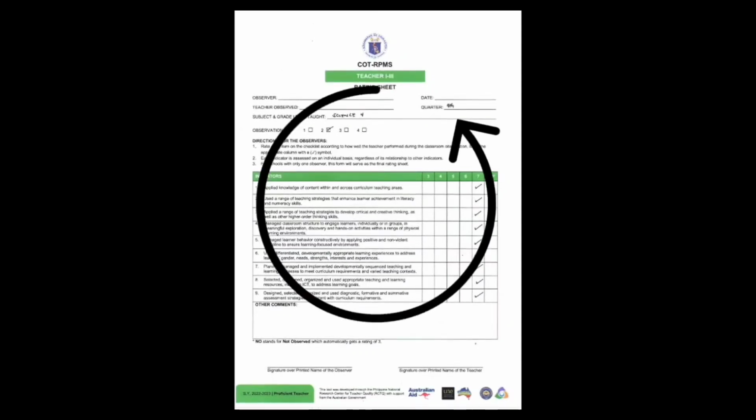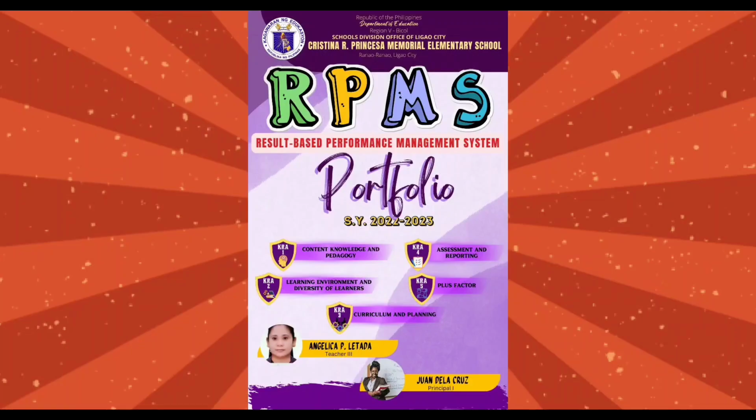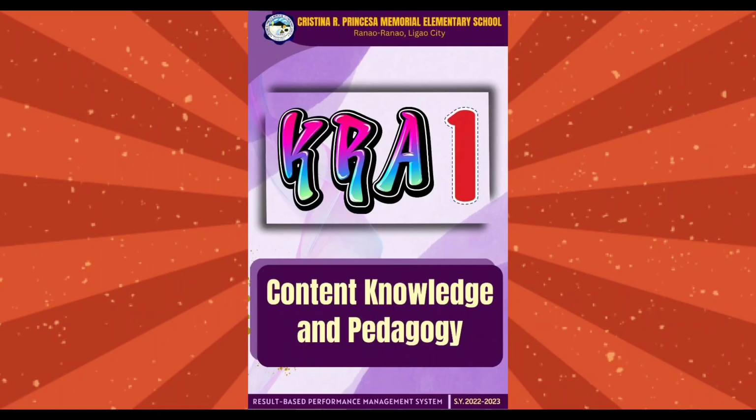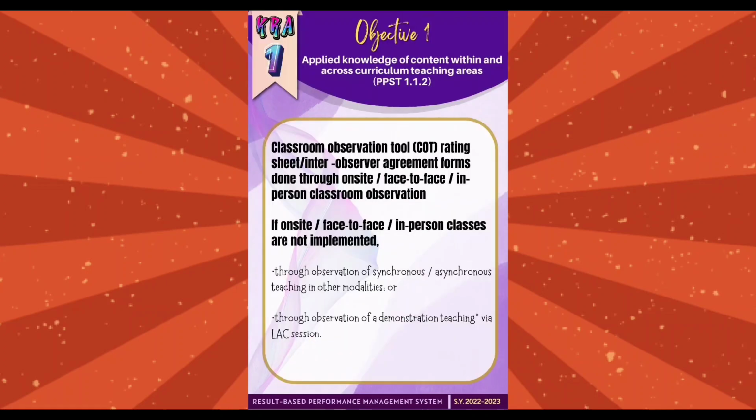So, here is my RPMS portfolio for this school year 2022-2023. Here, attach your COT rating sheet for 3rd quarter and the other sheet is your COT rating sheet for 4th quarter as your MOV or means of verification for Objective 1.